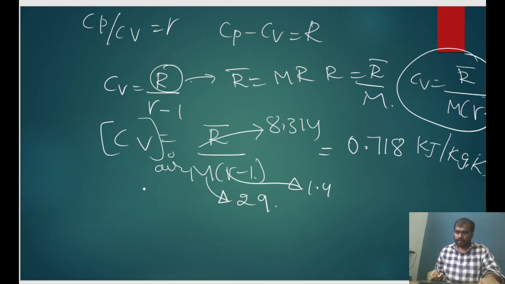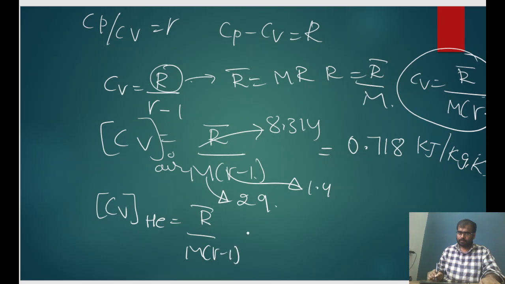We will take another example for Cv. For helium, R bar by M(gamma minus 1), 8.314 divided by 1.67, because this is the value of gamma for helium.